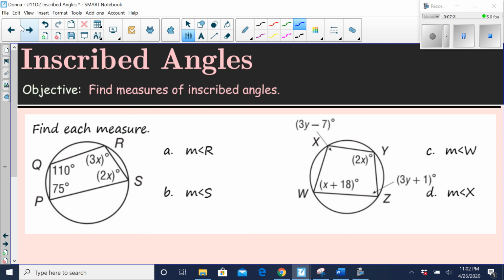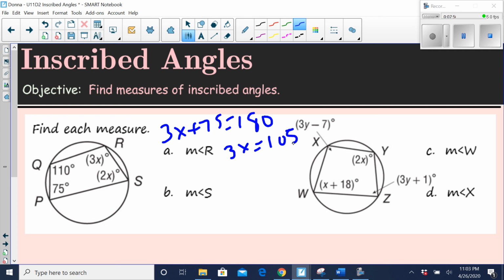Okay, and then we have an example problem. So they're asking me to find each measure. It says find angle R and angle S. What we said in the last example is that angle R and the angle opposite of it have to be supplementary. So I could write an equation like 3x plus 75 equals 180. To solve here, I would subtract the 75, and that's going to give me 3x equal to 105.